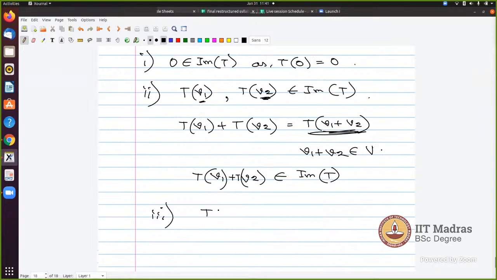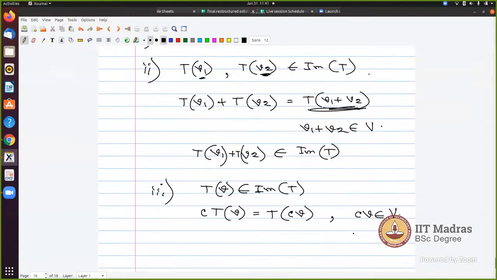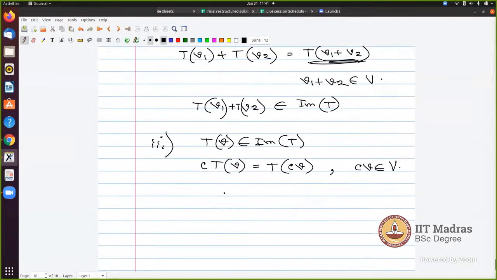Same thing. T(v) is in the image. Then c times T(v) is T(cv), and cv belongs to V. So c times T(v) is in the image of T. So the image of T is a vector subspace.